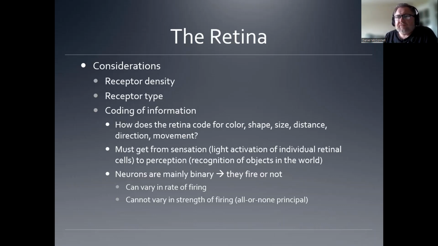Keep in mind that one of the things that we will need to remember when it comes to how neurons can encode information is that their firing is essentially all or nothing, right? Remember, an action potential: we start at a resting membrane potential of -70 millivolts, and we might get some graded potentials that come in, but if those graded potentials are below the firing threshold, the neuron doesn't do anything, right?